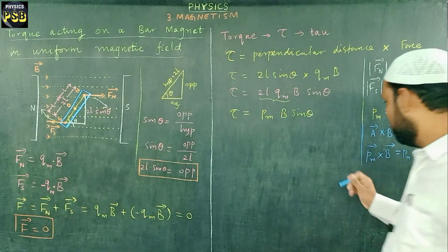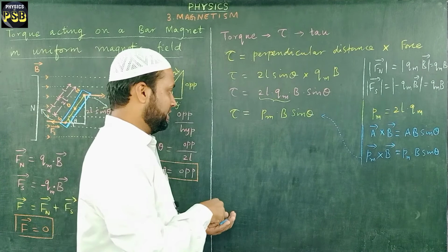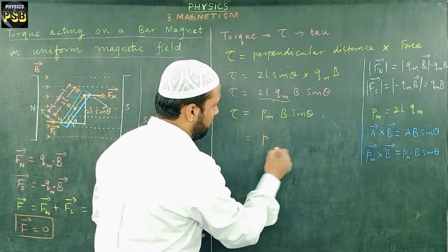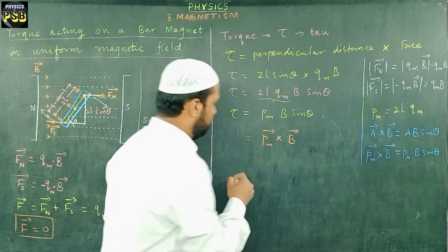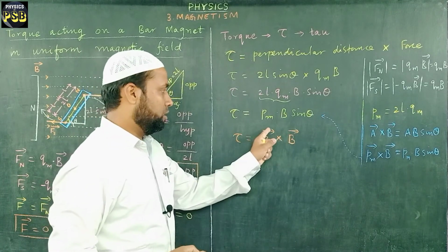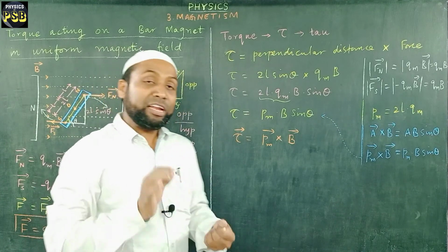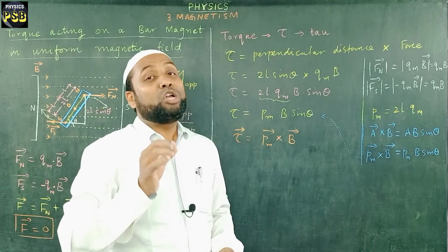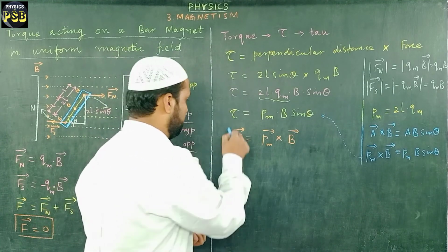This I am going to use here. Then what do I get? I get this. Also, Pm vector cross B vector. Now both have a vector symbol, so the same I use here as well. This is the final expression of torque. I box this.